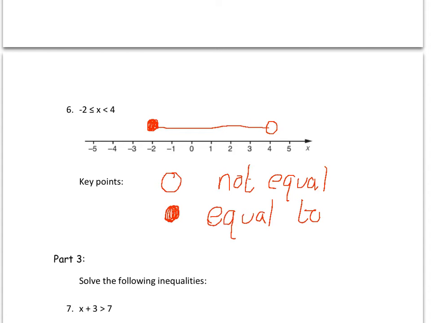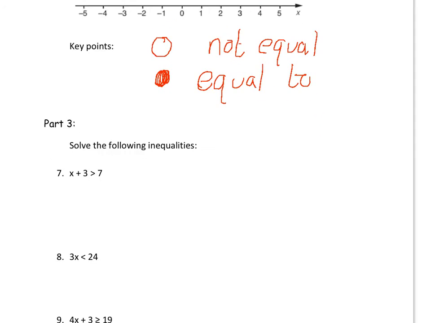Right, and finally, the third part is we could be asked to solve an inequality. Now, this is exactly the same as solving normal algebra equations, which we've been doing for a long time. So you've just got to remember that the inverse function to adding is subtracting, and the inverse function to multiplying is dividing.